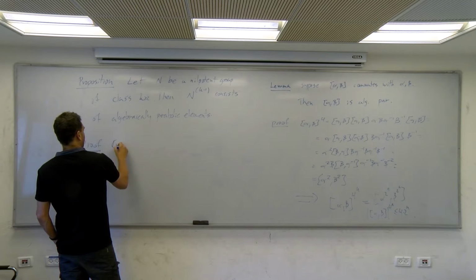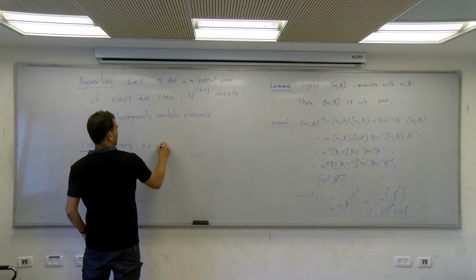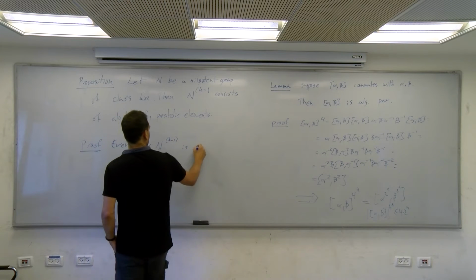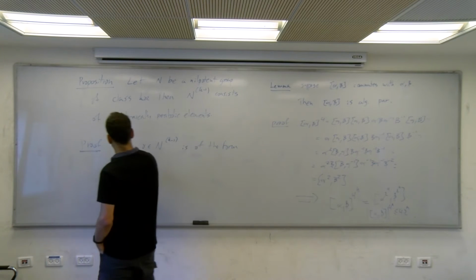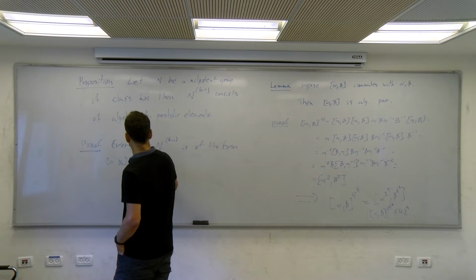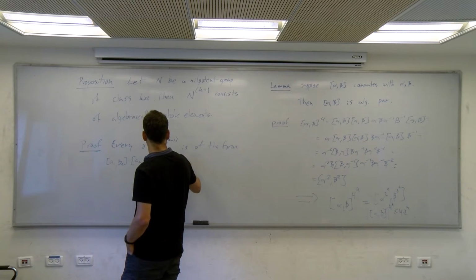Every gamma in this N to the k minus 1 is of the form a1 b1 times a2 b2 ... al bl.